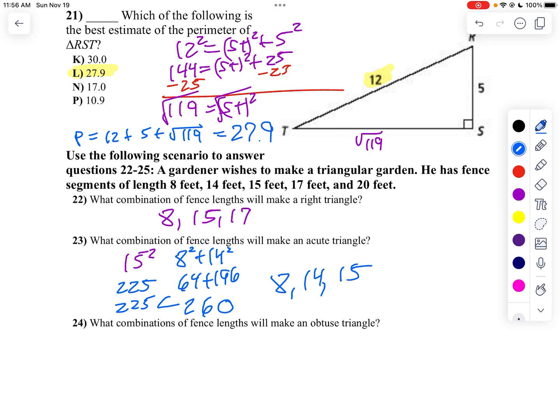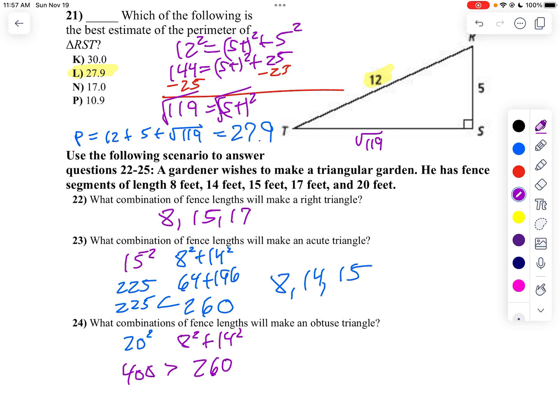Now, let's look at the obtuse. Well, I'm thinking I probably want the biggest one compared. So how does 20 squared compare with 8 squared and 14 squared? I already know 8 squared plus 14 squared is 260, because I did that on question 23. 20 squared is 400.